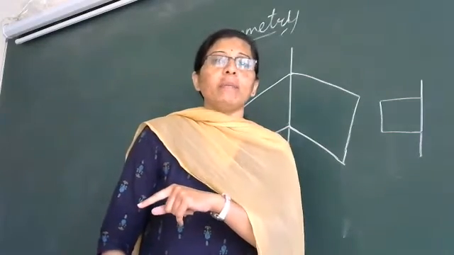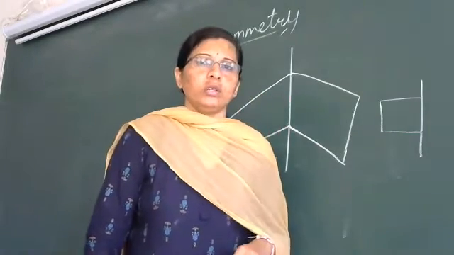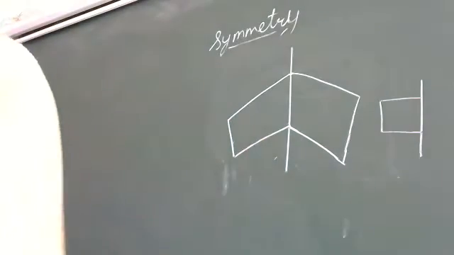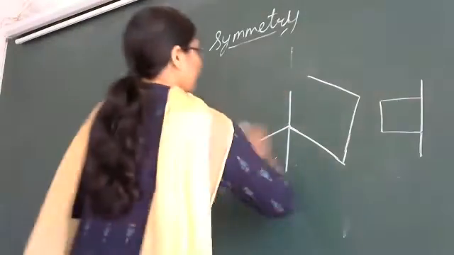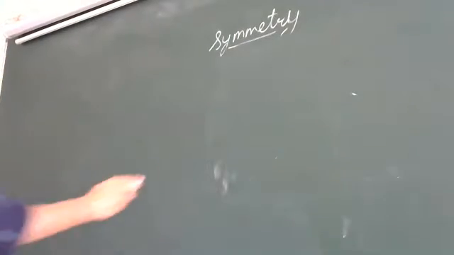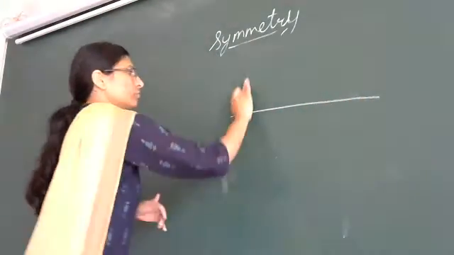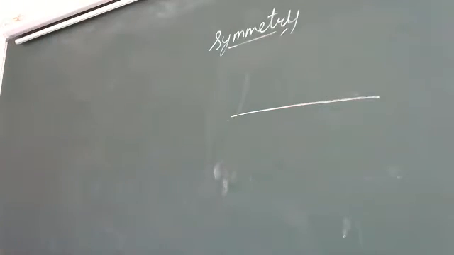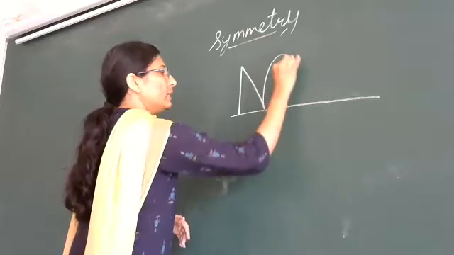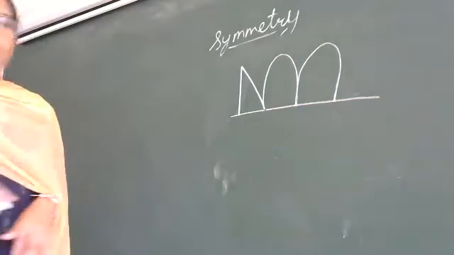The four figures on page number 187 you can do in your notebook. The last one is shown like this. Straight it is, then like this and like this.